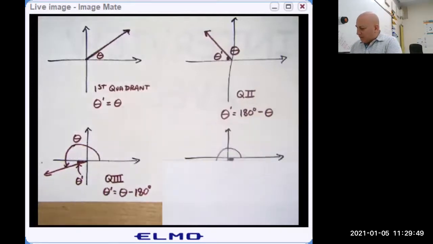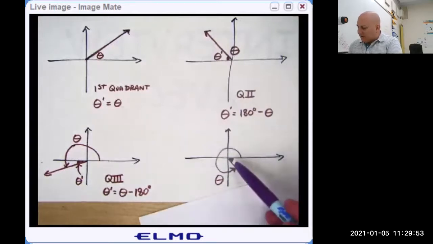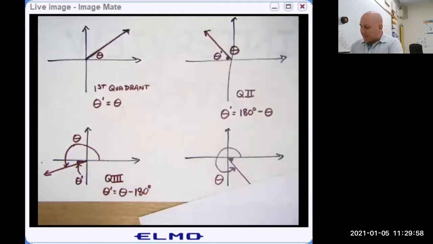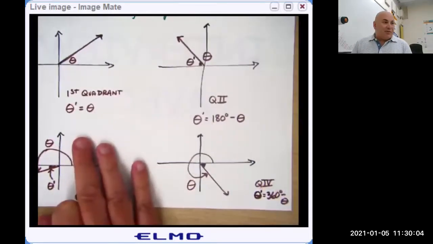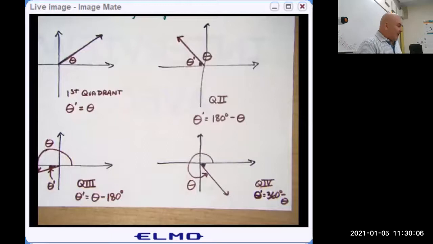And then the fourth quadrant, how would we do it? This is theta prime in here, shaded area. Theta prime would be 360 degrees minus theta, or 2 pi minus theta.